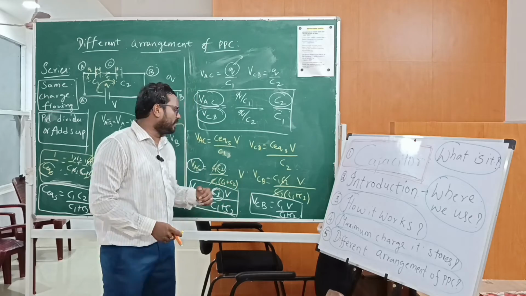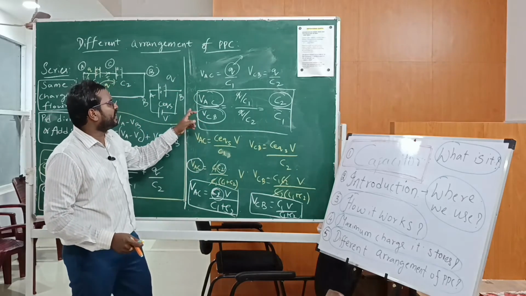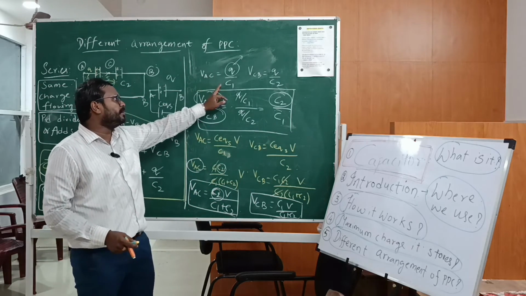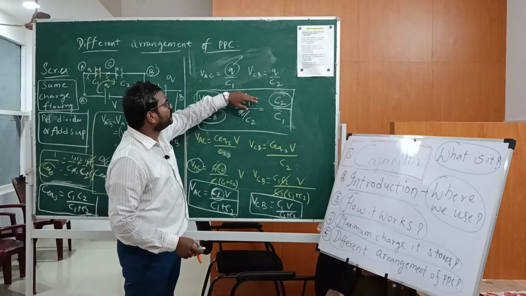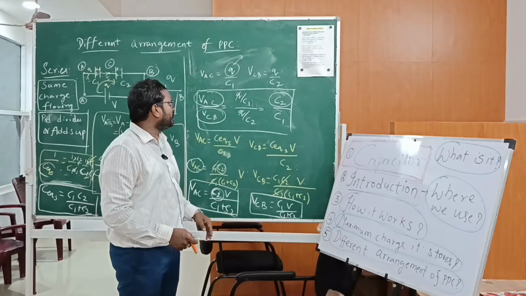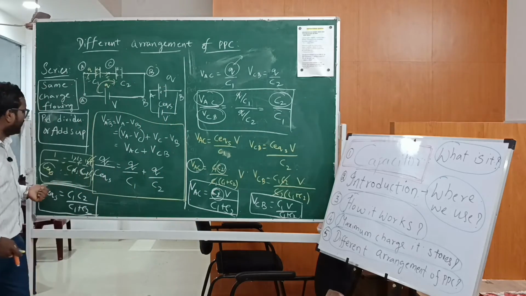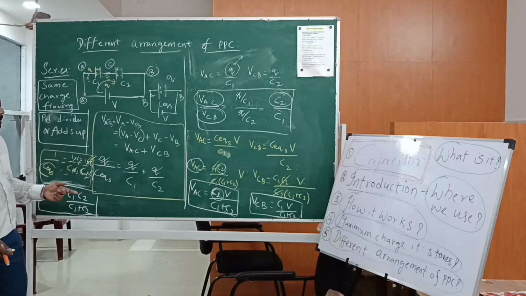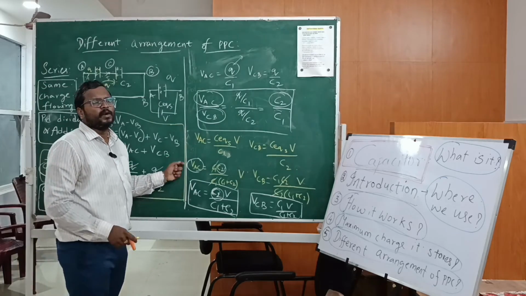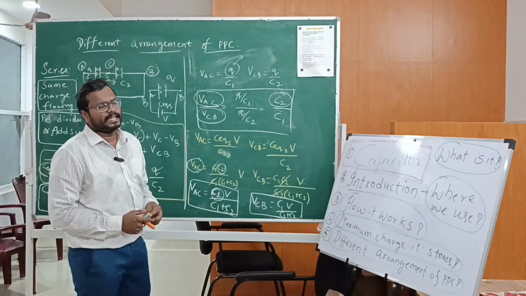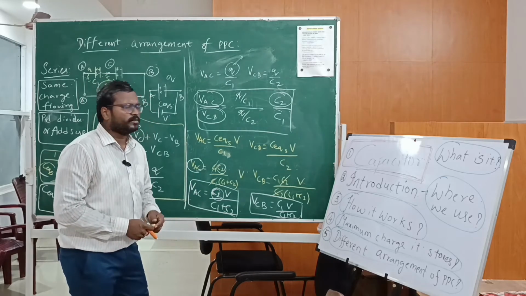When 3 capacitors are there, we have to take again the same concept. VAC is going to be Q by C1, VCD is going to be Q by C2, VDB is going to be Q by C3, and for Q we have to take C equivalent. When 3 are placed, 1 by C equivalent is equal to 1 by C1 plus 1 by C2 plus 1 by C3. We have to write it and take these voltage values accordingly.